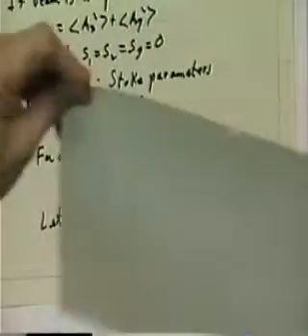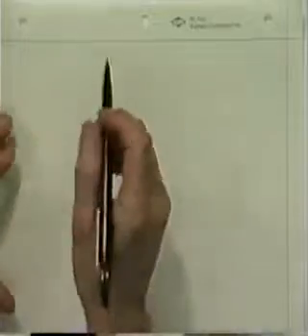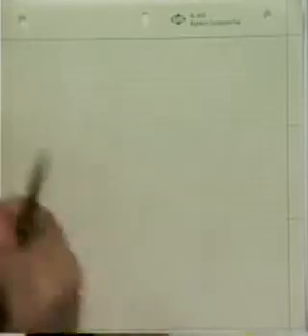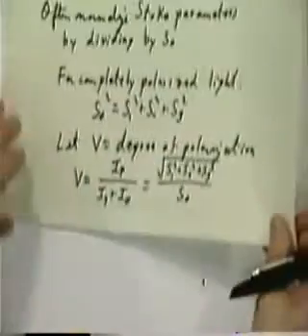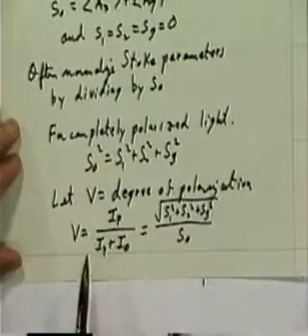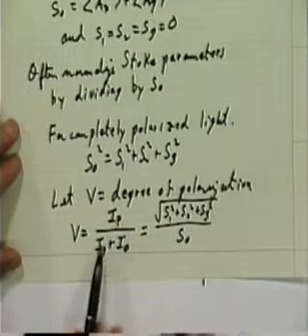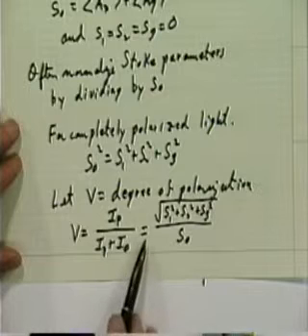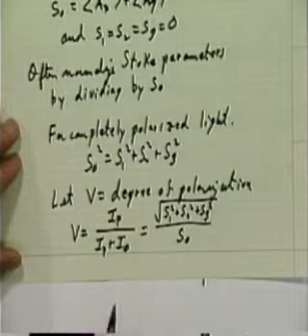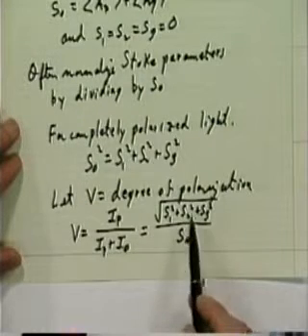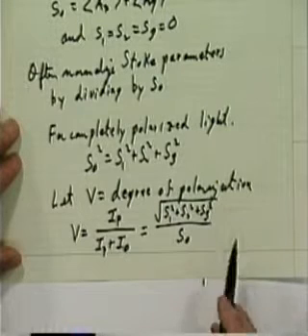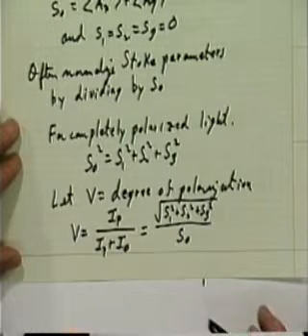Okay. So I'll just repeat it here. V was equal to I sub p over I sub p plus I naught, which was equal to the square root of S1 squared plus S2 squared plus S3 squared, divided by S naught.